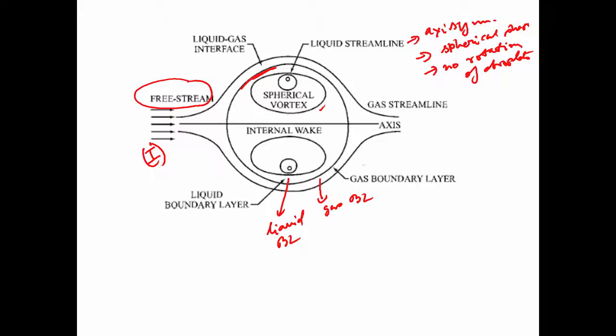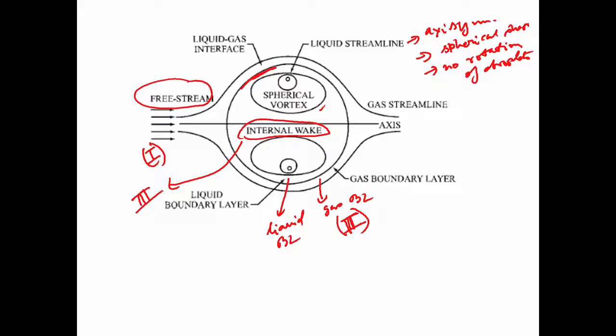Then there is the gas phase boundary layer, which is marked as region 2, and the near wake region. You can see that the gas phase boundary layer is marked as 2 over here. Then there is the liquid viscous layer and the liquid internal wake. This is the internal wake in the liquid and this is the corresponding viscous layer. This is termed as 3.